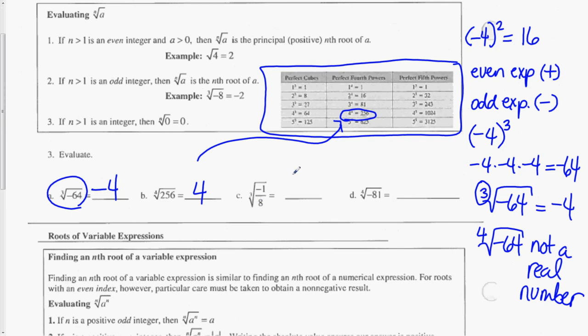It's a negative underneath, so that's okay. I'm going to have a negative answer. Remember, 1 is always going to come out as a 1 because the cube root of 1 is 1, the square root of 1 is 1. Underneath, though, the cube root of 8, let's look up here at perfect cubes. I see 8 right there. Its cube root would be 2 because 2 times 2 times 2 equals 8.